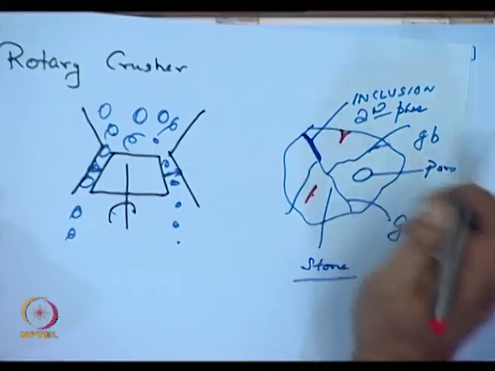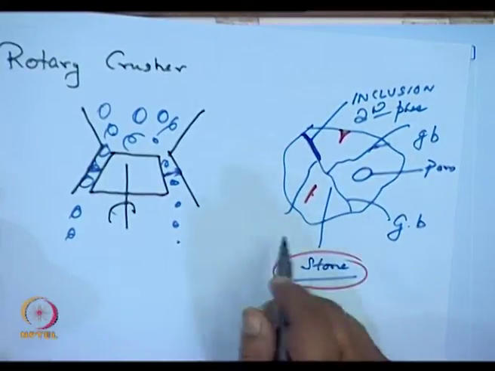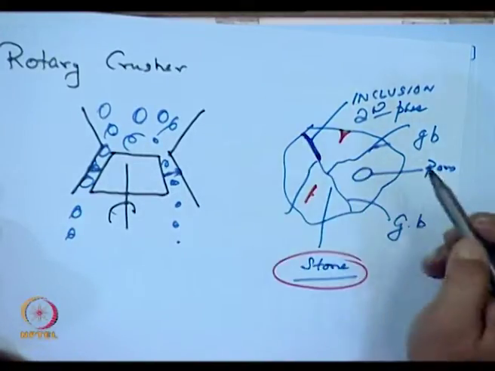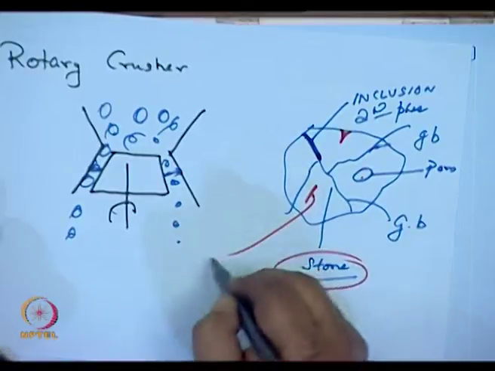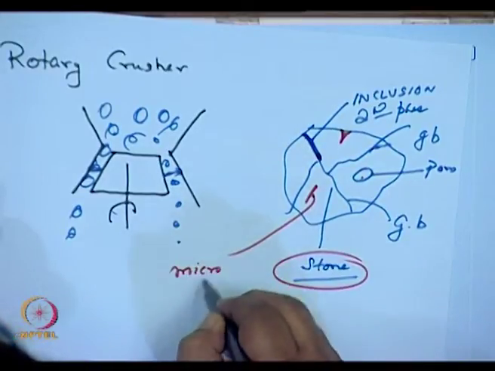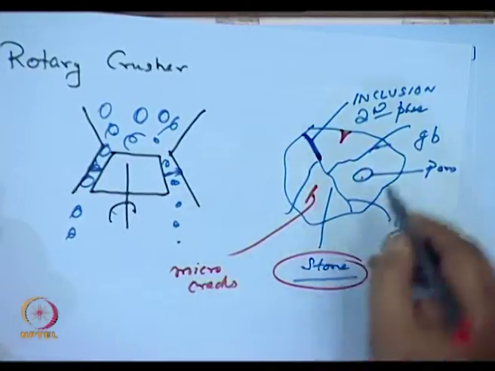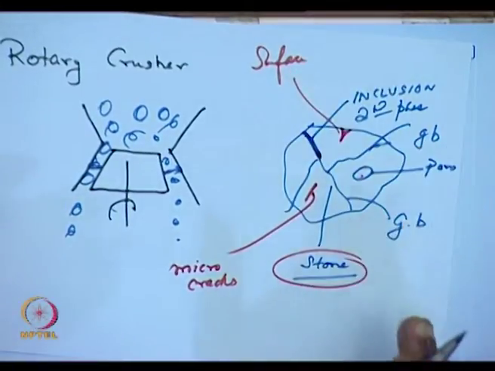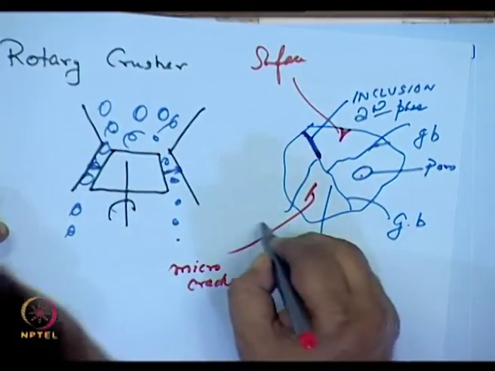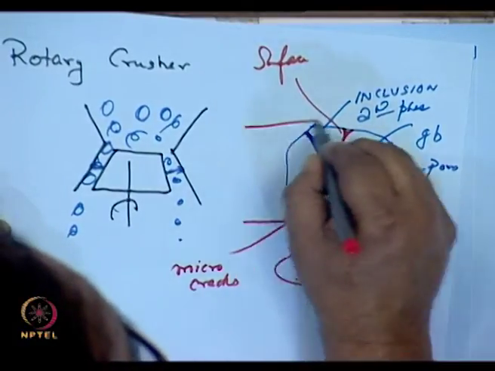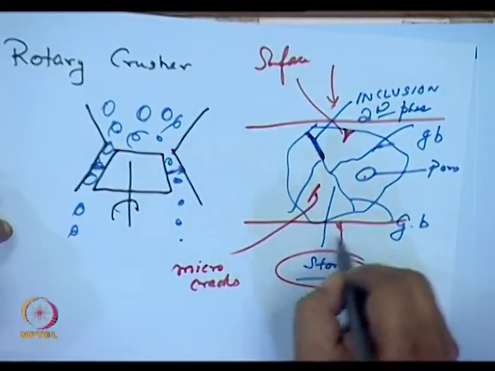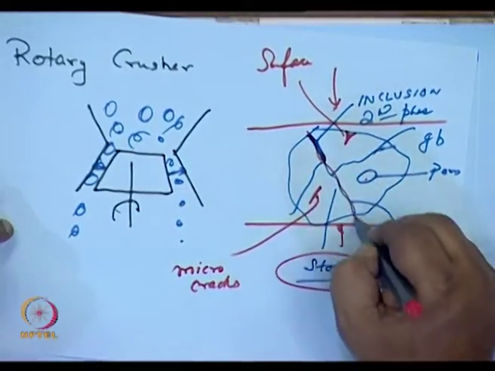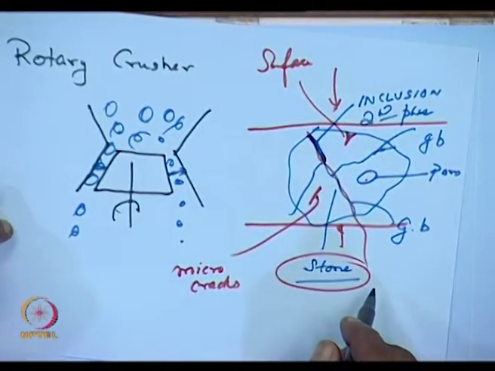Now, so I have got so many defects in this stone which you find lying on the roadside. It has got inclusions, it has got pores, it has got micro cracks, it has got surface flaws, so many defects. So, if I now crush this or apply pressure, one of these things will fail, and as a result maybe it will fracture into more pieces.